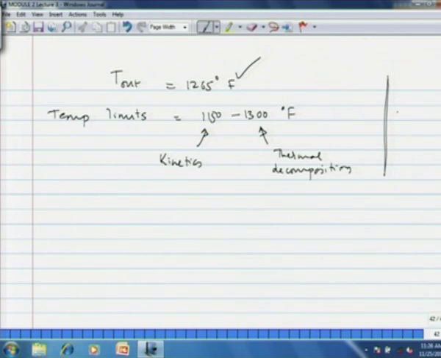In some cases, you have to supply the heat of reaction. For example, the acetone production. Okay. Now, this reaction is an endothermic reaction. The process is dehydrogenation of isopropanol.